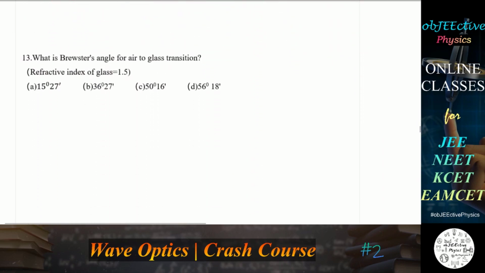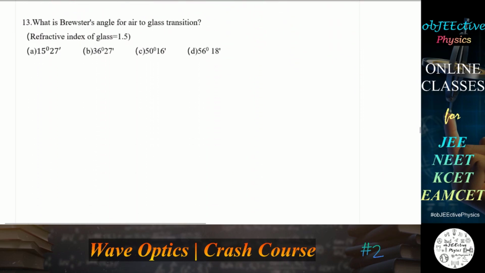Next question. What is Brewster's angle for air glass transition? We know that Brewster's angle, tan theta p is equal to mu at angle of polarization, or theta p is equal to tan inverse of mu, or that is equal to tan inverse of 1.5.